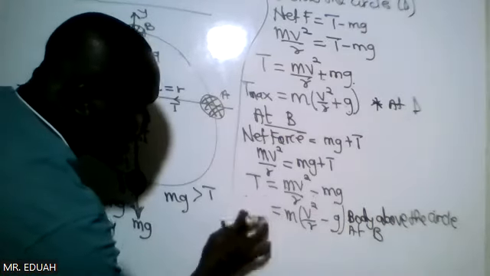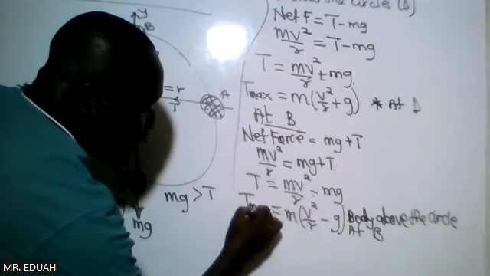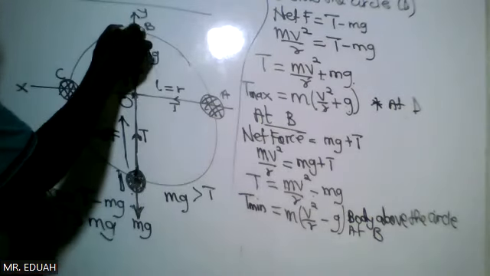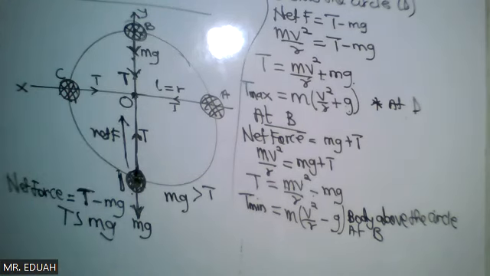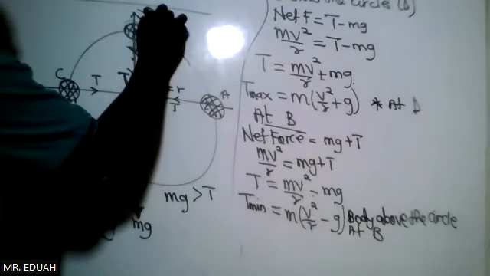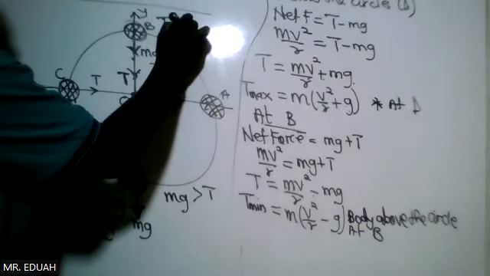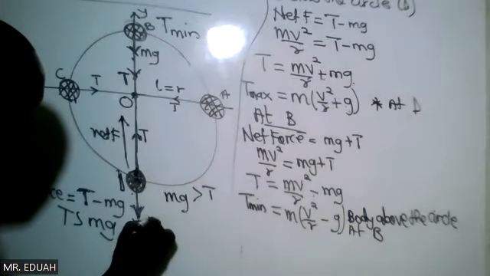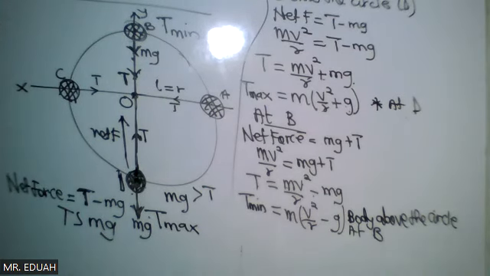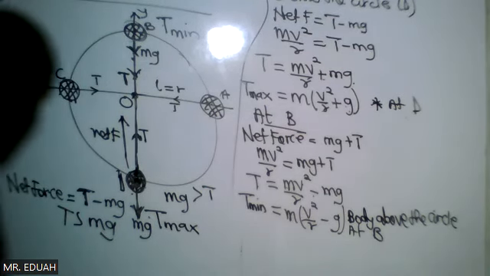So minimum tension occurs within the string when the body is above the circle. Okay, so take note: above the circle, tension is minimum. Below the circle, tension is maximum. Please, are we okay?